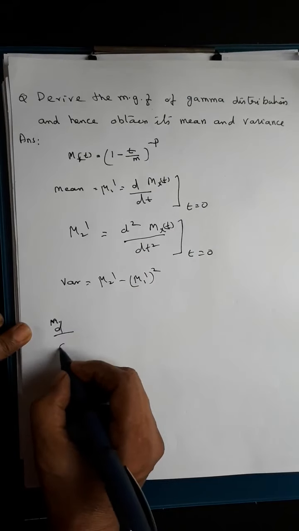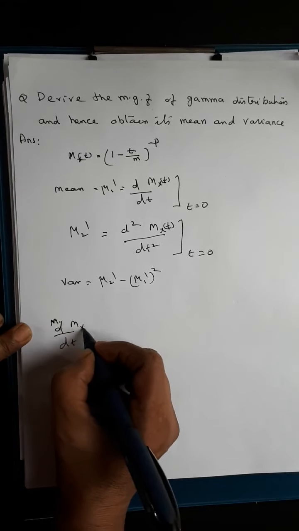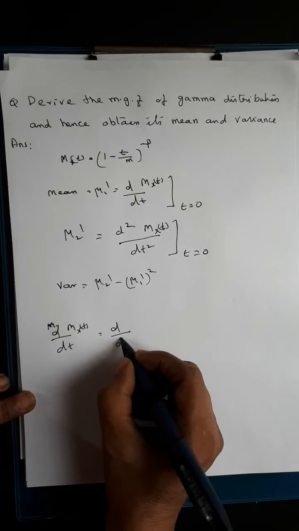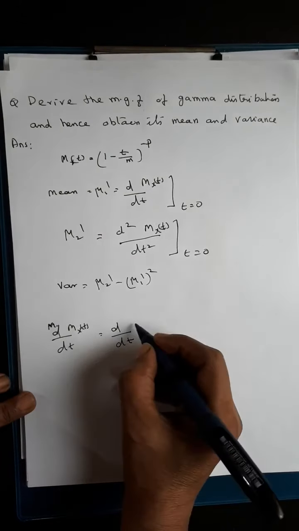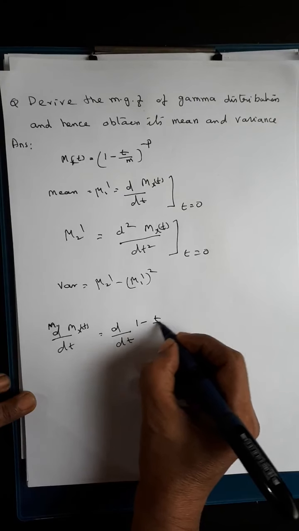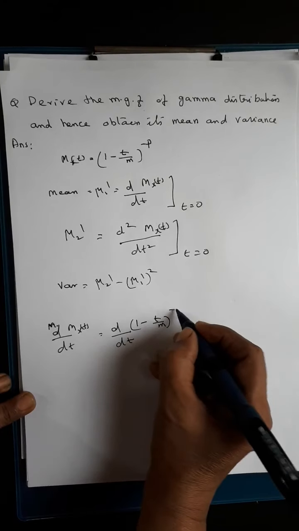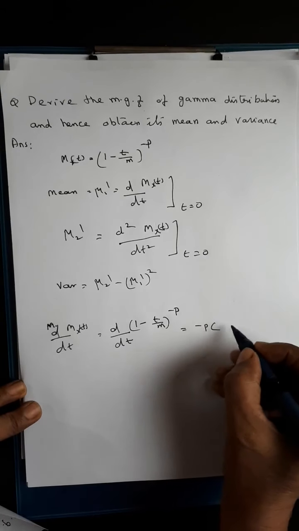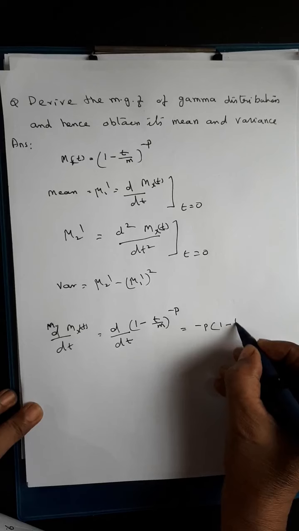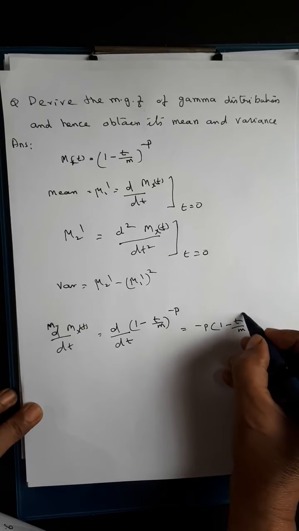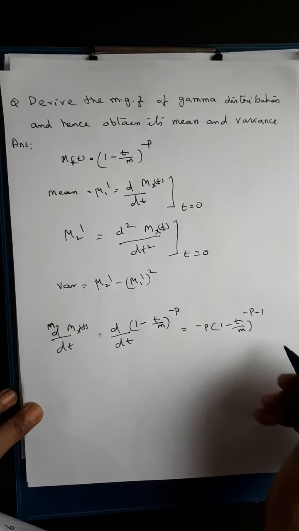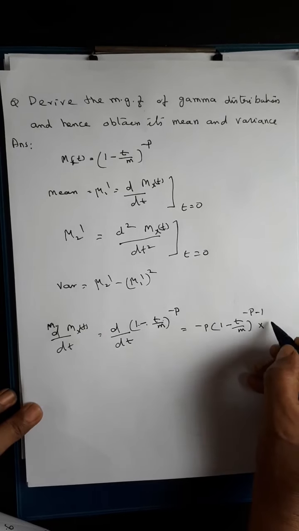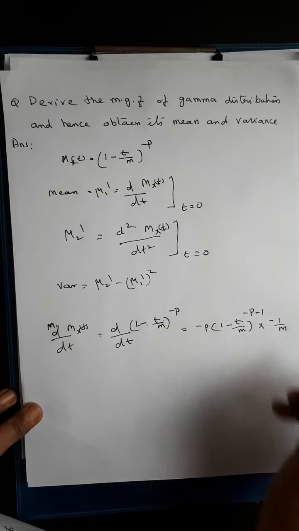So d by dt of Mx(t) is d by dt of, what is Mx(t)? 1 minus t by m all raised to minus p, which is equal to minus p into 1 minus t by m raised to minus p minus 1 into derivative of 1 minus t by m, that is minus 1 by m.